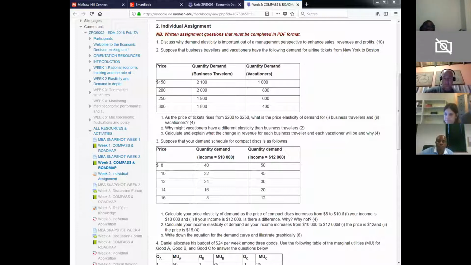So what will be the revenue? 2 times 2 is 400,000. That's the revenue, 400,000. The quantity demand for vacationers will be 800 times 200, which is 160,000.